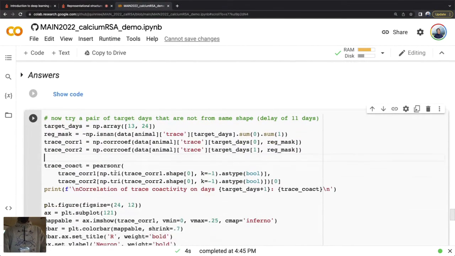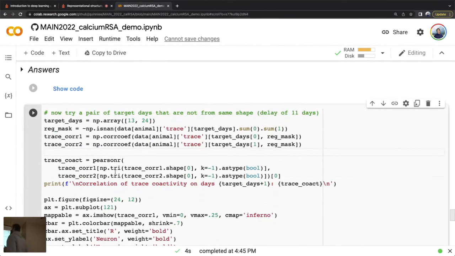So let's try another day, a 14 and 25. So not the same shape, because it's no longer a delay of 10 days, which is the design of this experiment, right? So if you have a delay of 11 days, that's going to be a different shape.